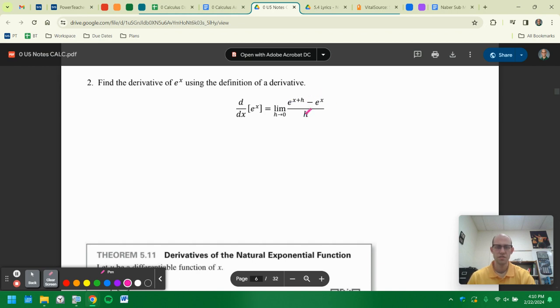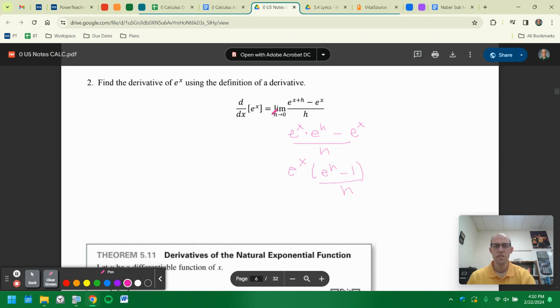Our properties of exponents mean I could separate this into e to the x times e to the h. Now I have an e to the x in both terms, so I can factor that out, leaving e to the h minus 1 over h.